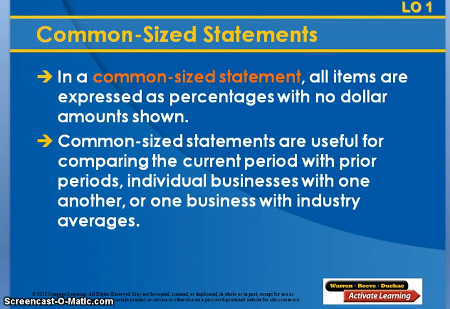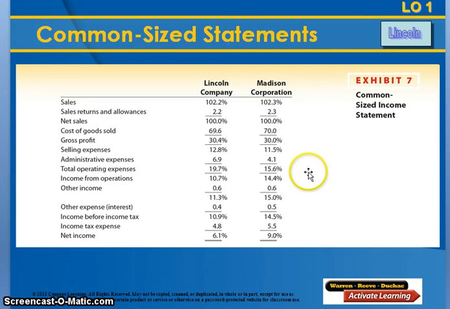So a way to use these financial tools in order to compare companies of different sizes are common size statements. And all we're doing now is we're looking at the percentages. We don't look at the individual numbers. The numbers will just throw us off because the companies could be such hugely different sizes. But if we look at percentages, this is where we can see how our company compares to one another, because the percentages have nothing to do with the dollar value.